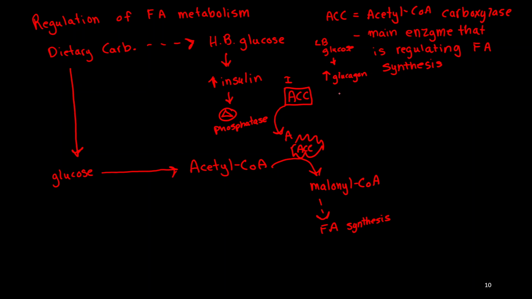And if glucose is gone, that in turn is going to activate some enzymes such as protein kinase A and AMP kinase, that will then take the ACC, AMP sensitive kinase, take the ACC and convert it back into the inactive form. So low blood glucose, you're not going to want to take the acetyl-CoA and convert it into malonyl-CoA.